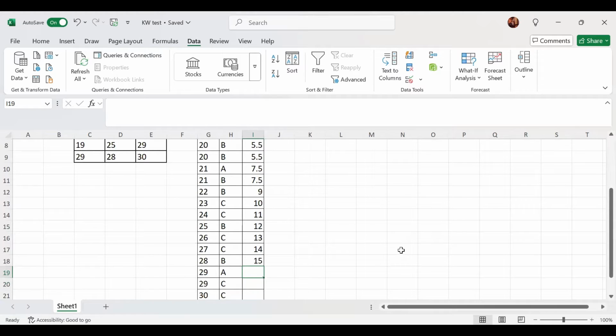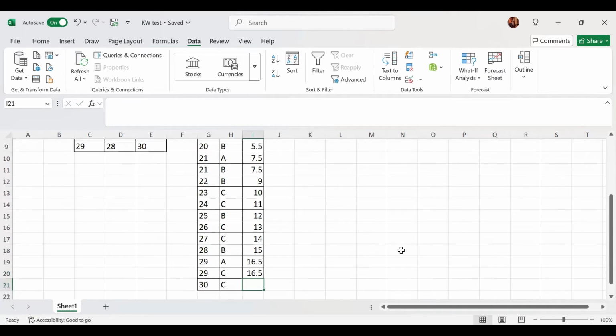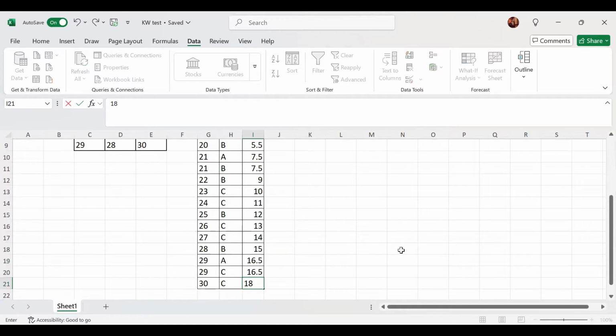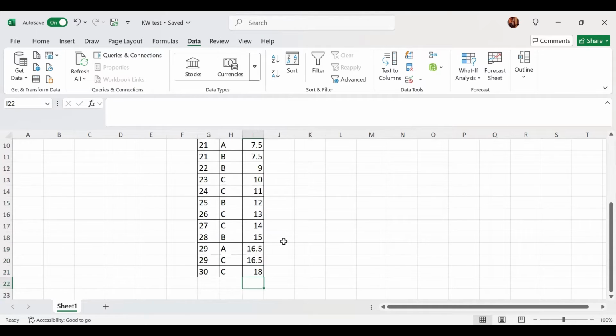That means 16 and 17. Average of 16 and 17 is 16.5. So 16.5, 16.5. 17 is over. So now it is 18. So these are the ranks.